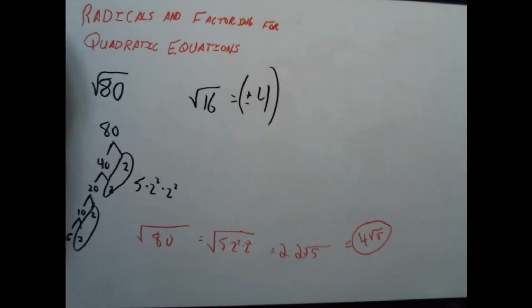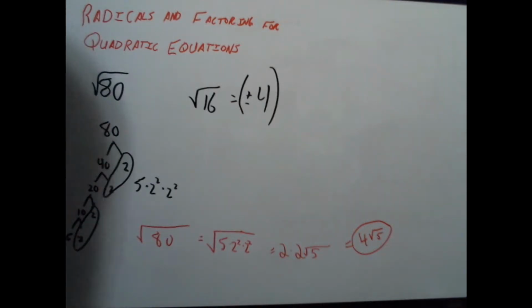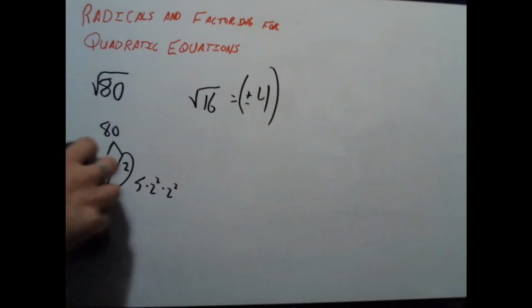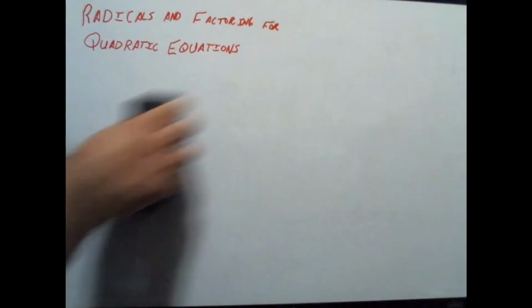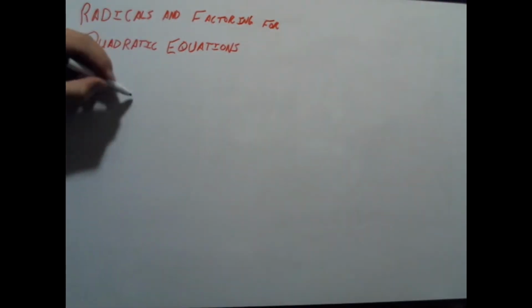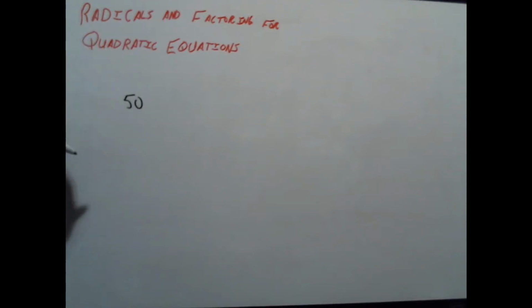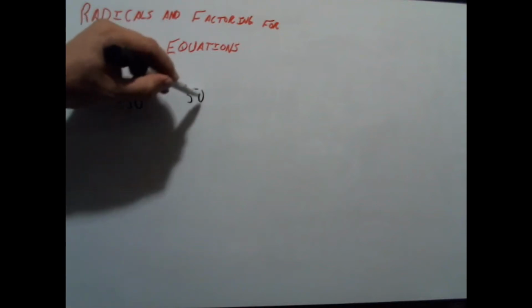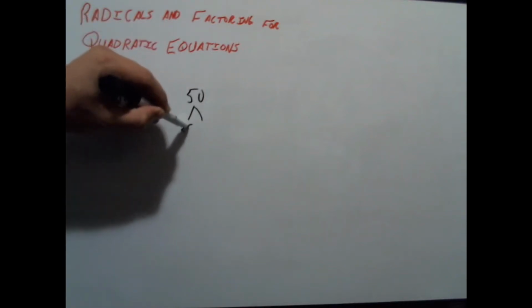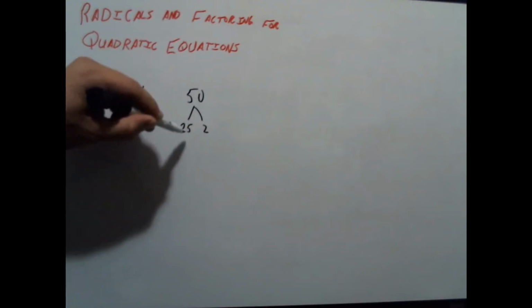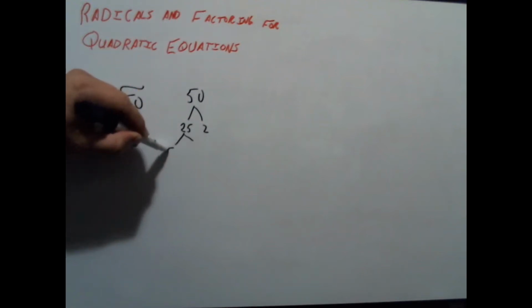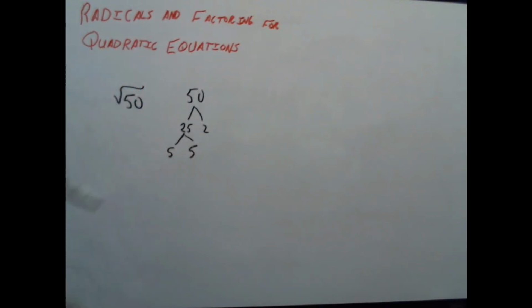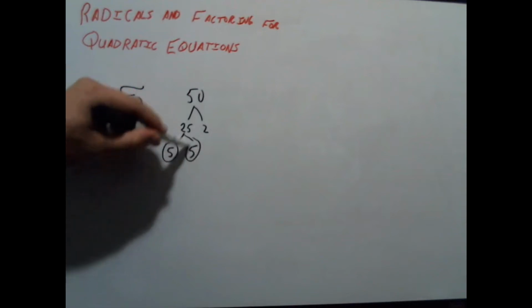Let's do another example. It takes me a few examples when I learn math to be able to apply it really well. I take the number 50 and I want to know how I can simplify radical 50. Well, 50 breaks into 25 times 2. 25 breaks into 5 times 5, and those are prime numbers.